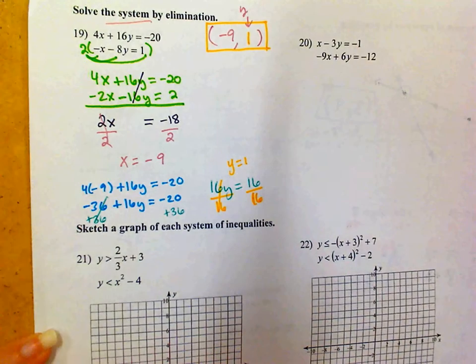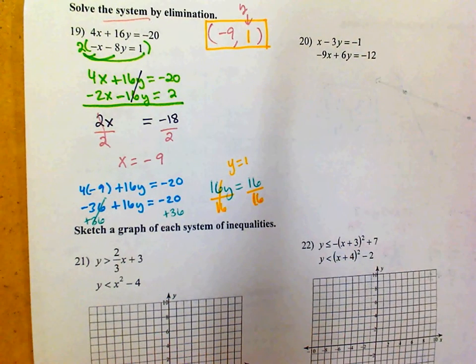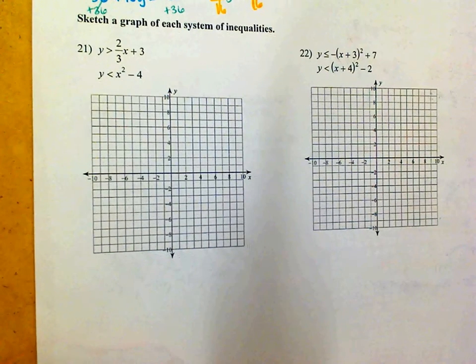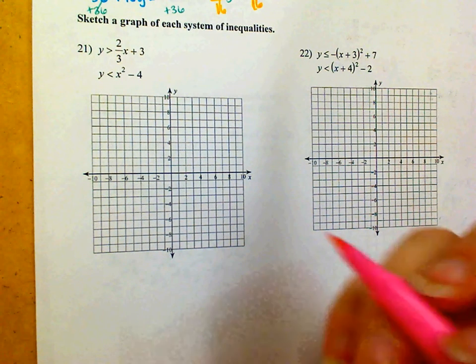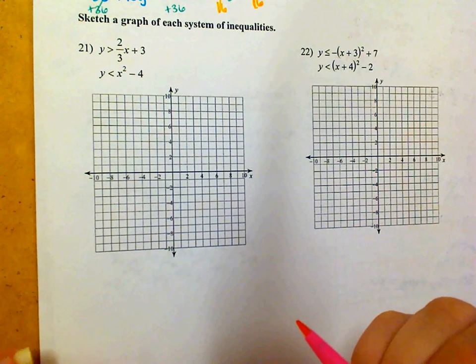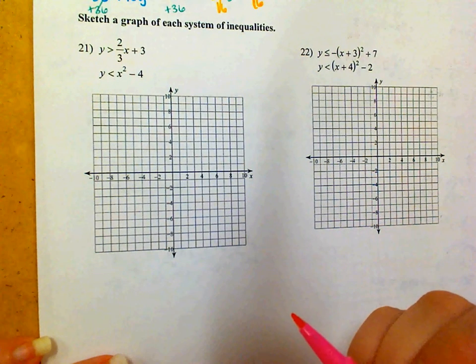All right. So sketch a graph of each system of inequalities. I've got y is greater than 2/3 x plus 3. What do I do? Okay. Is this a quadratic or a linear function? This first one?